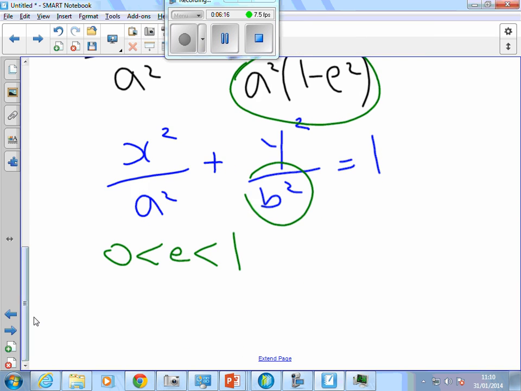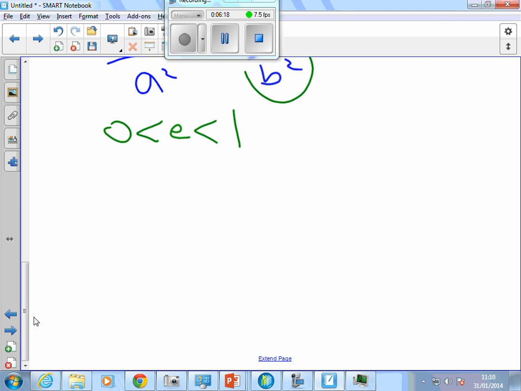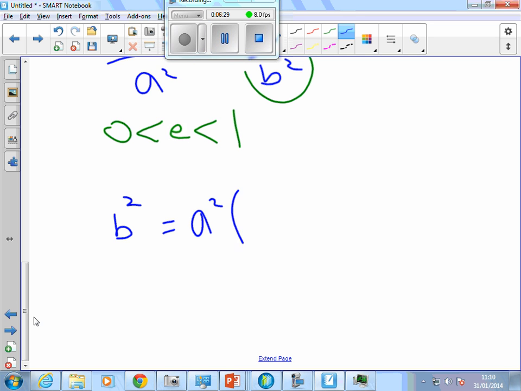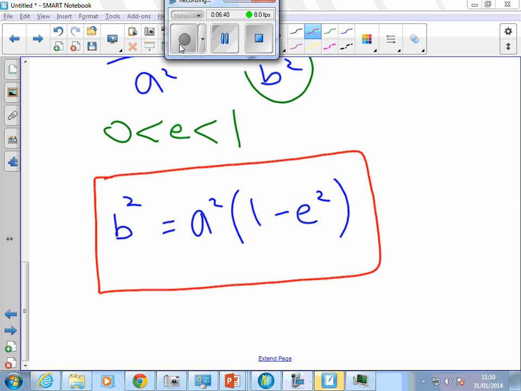So we now have important results in our ellipse. B squared is equal to a squared bracket 1 minus e squared. I'd like you to memorize that result because it's an important property. I'll put a red box around it so you can remember it.